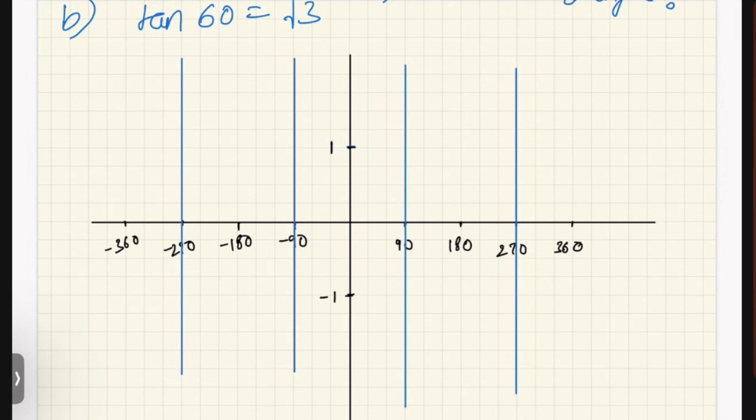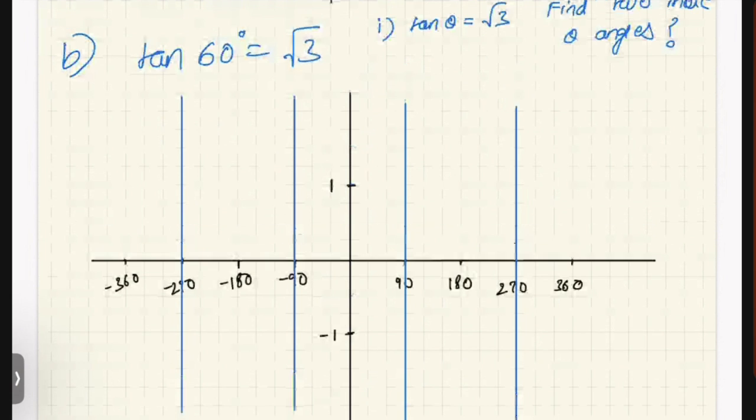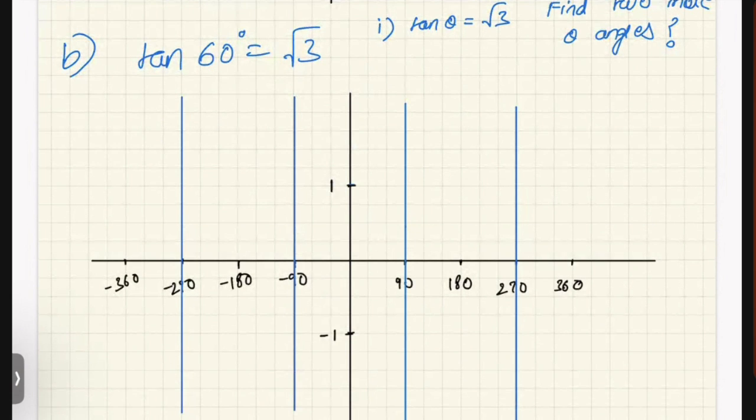Now remember, our 60 degree value is given as root 3. Root 3 is 1.73, right? So this is 1.25, this is 1.5, this is 1.75, correct? Makes sense?